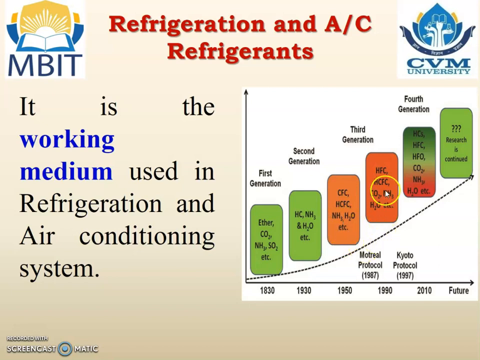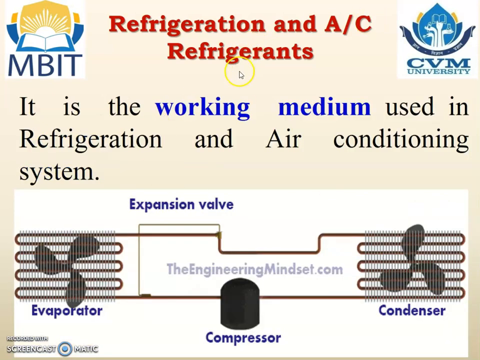Then after, HFC, HCFC, CO2, HFC, HFO, and again the research is going on. Why is research going on? So that the refrigerants do not damage the atmosphere and environment. So a refrigerant is nothing but the working medium utilized in refrigeration and air conditioning systems.